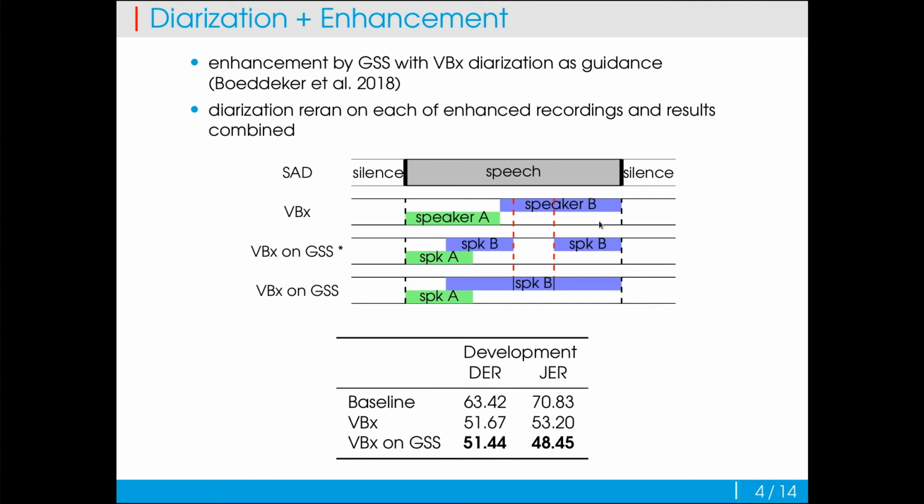We then run VBx again on these 2 recordings, but we keep only speaker B from the first and speaker A from the second. By combining the outputs like this, we can also detect some of the overlapped parts. It may, however, also happen that some part which was originally labeled as speech is now not assigned to any speaker.